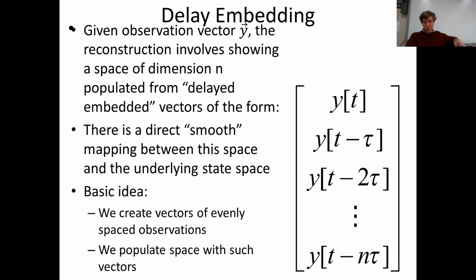And what we're going to do is, for each point in time, except for the very beginning where we don't have the option of having previous ones, take the value at time t, the value at t minus some delay, maybe a 1 day delay, the value at t minus 2 times that delay, say 2 days ago, down to t minus n times tau. So maybe 5 days ago.